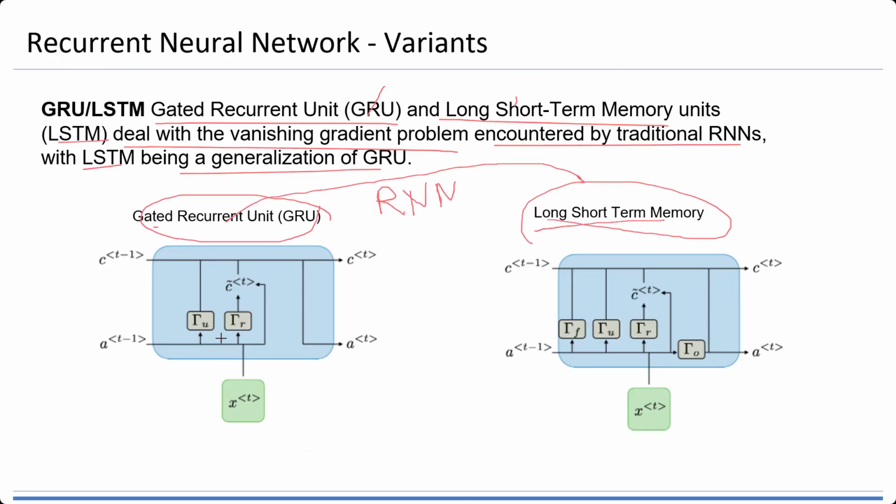If you look at the structure of the GRU, it is based on gates. So there are some gates. In the LSTM, there are some gates, and also there is some mechanism to do the forgetting and output. That is the only difference.